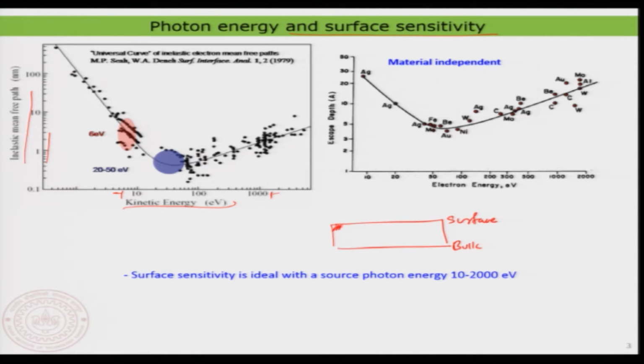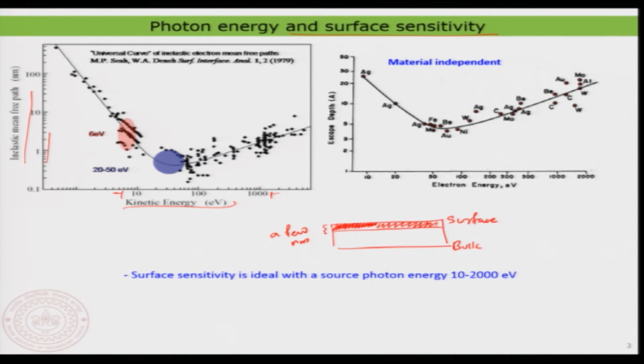Everything in this region close to the surface, a few nanometers, is where electrons are going to be ejected from. All the electrons that are excited within the bulk of the material would just die out within the material. But the electrons that are within a distance of about 2 to 3 nanometers, or 4 to 5 nanometers, from the surface are the ones that are going to be ejected out of the surface. So, that is quite interesting.